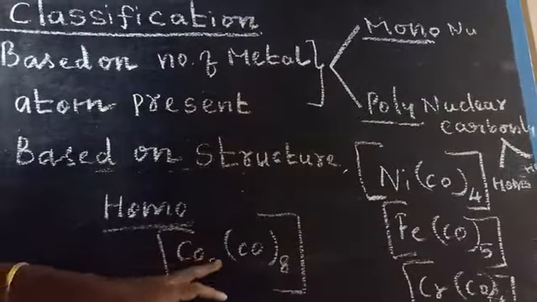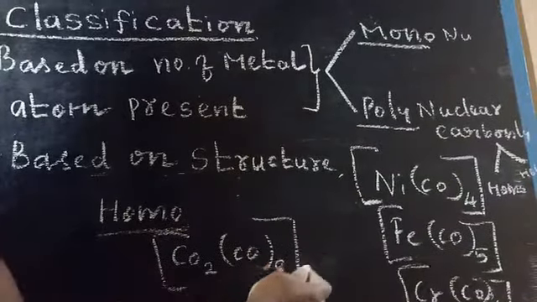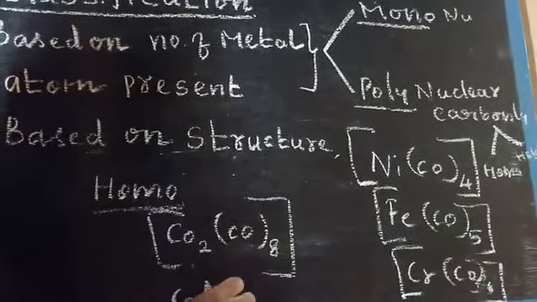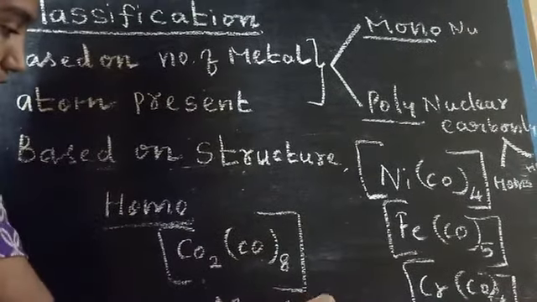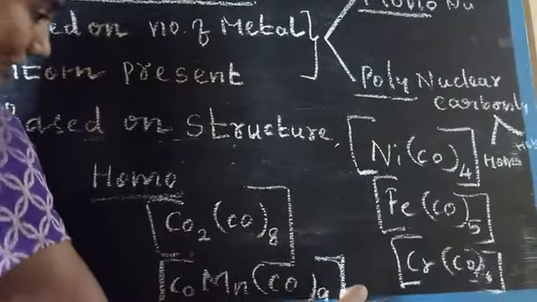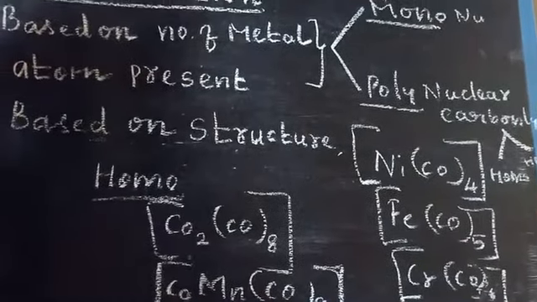Here cobalt two times, homonuclear. At the same time, heteronuclear carbonyl means CoMn(CO)9, cobalt and manganese.